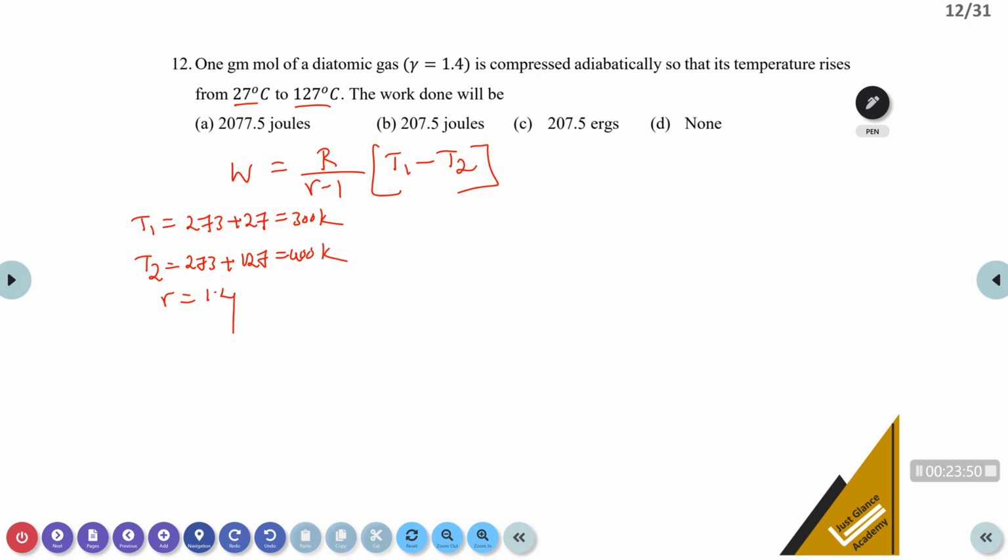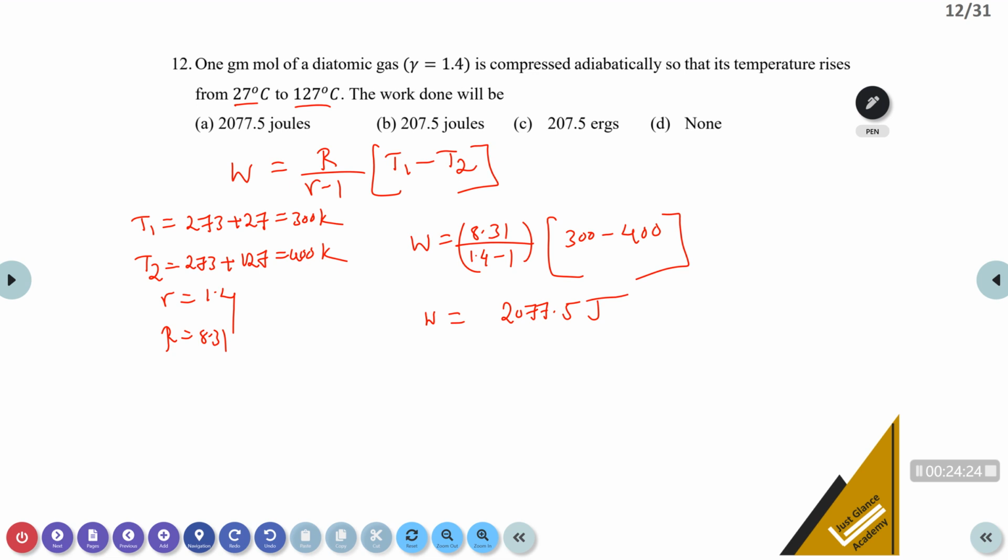See, all answers are not in terms of R, so you have to multiply. R equals 8.31. Substitute all these values. Then W equals 8.31 divided by 1.4 minus 1, into bracket T1, 300, minus 400. Substituting all these values, work done you are getting 2077.5 joules.